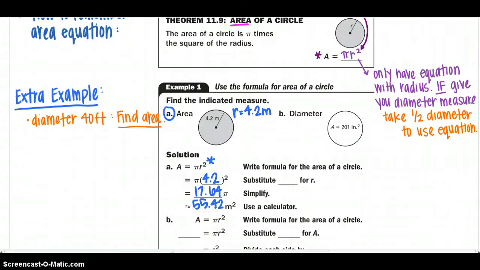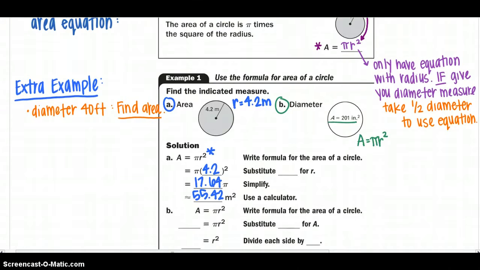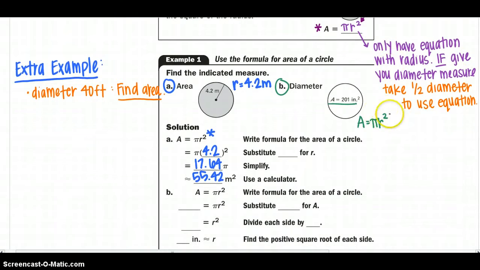Alright, let's try to find our diameter in B. They give us the area, but we're still going to use area equals pi r squared, because it's the area of a circle. We wrote the formula, and now we have to plug in for A because we have our area. I'll do it out to the side so we can see all the steps. I'm going to divide both sides by pi because I need my pi's to cancel.